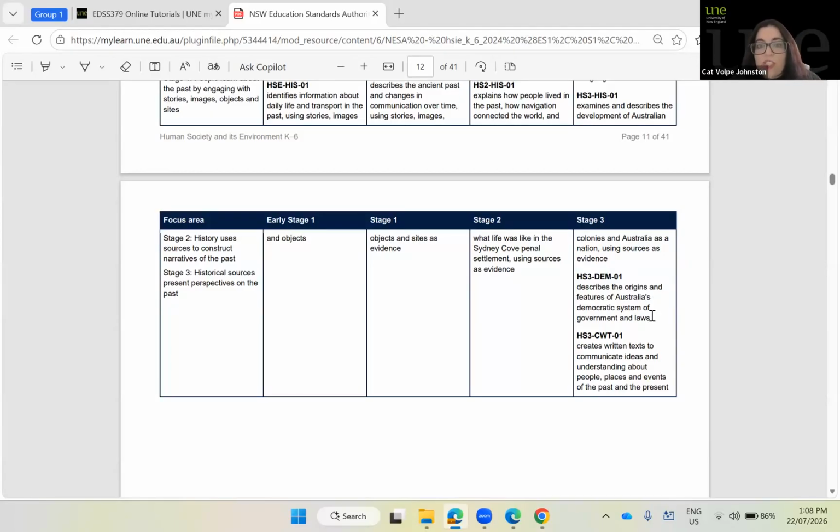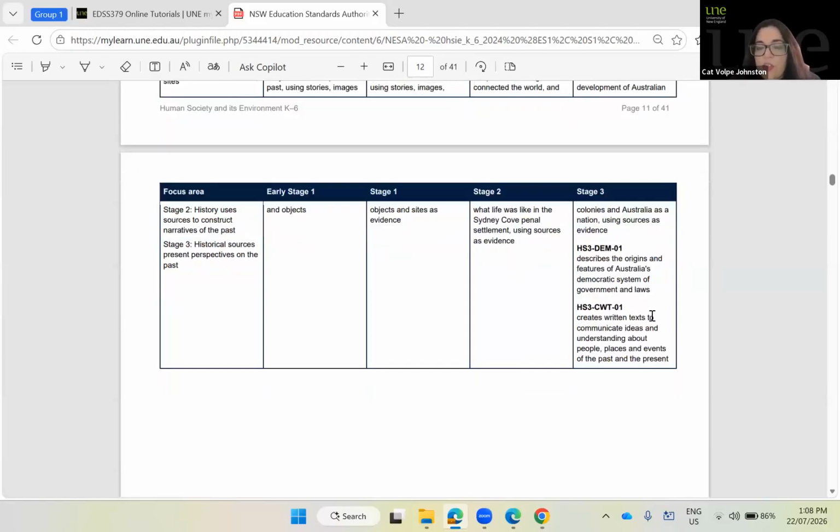So there's actually an outcome attributed to it. And also that integration with literacy. Students need to be able to create written texts, which they do in English, in literacy, to communicate ideas, but it's going to be about understanding people, places, and events of the past and the present. That's coded against HSIE, CWT meaning creating written texts, and DEM meaning democracy.